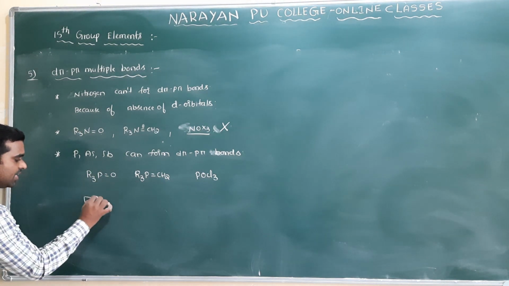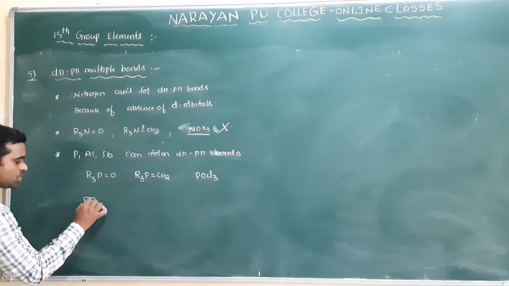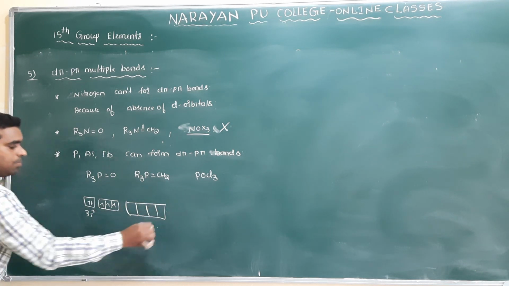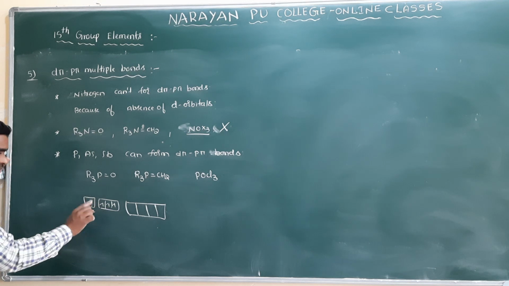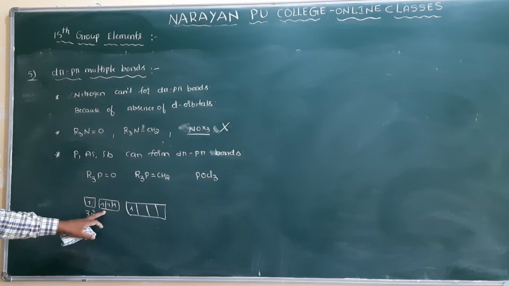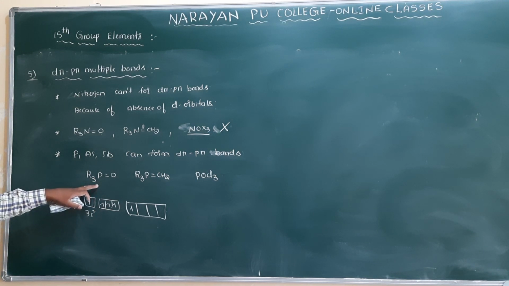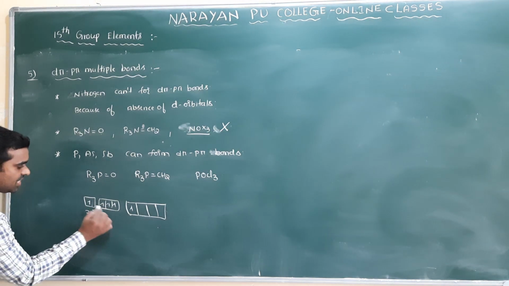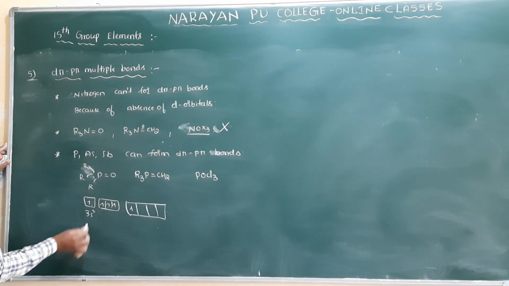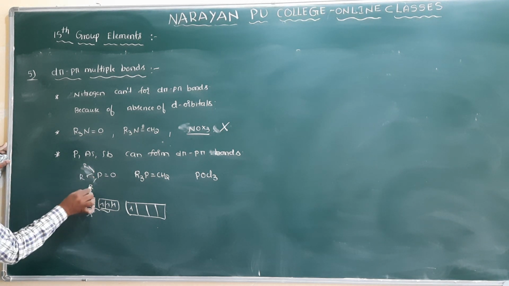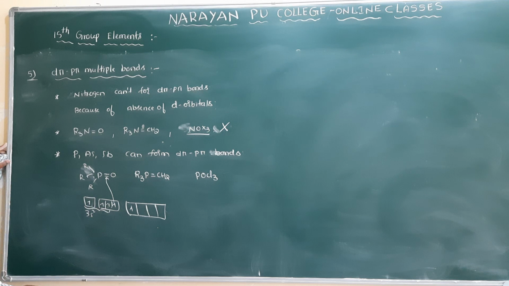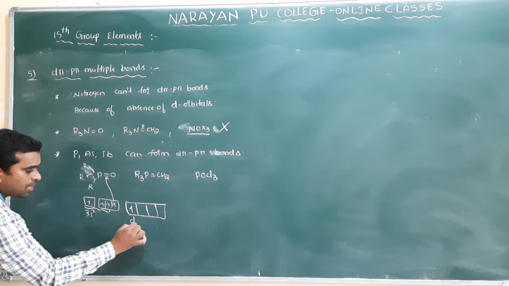Why? Because phosphorus has 3s2 3p3, and it also has empty d orbitals, so one of the electrons will jump there. How many unpaired electrons are there? Five unpaired electrons, so it can form 5 bonds. Three electrons are used to form the bonds with R groups, one electron forms a single bond between phosphorus and oxygen, and one electron is a d electron.